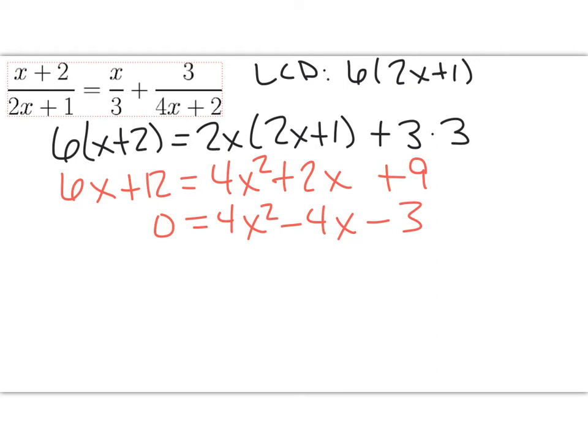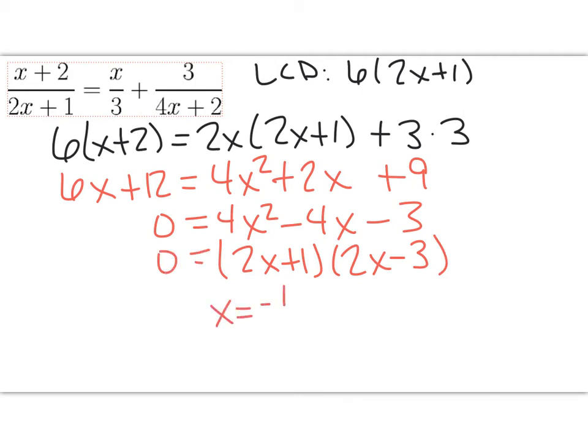And again, this is factorable. If you choose to use the quadratic formula to solve this, you are certainly welcome to. The factored version is 2x plus 1 times 2x minus 3. And that implies that x could be negative 1/2, or that x could be positive 3/2.